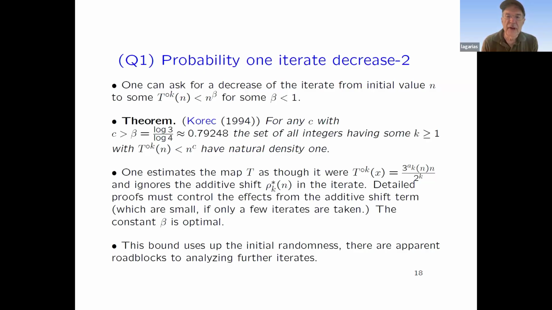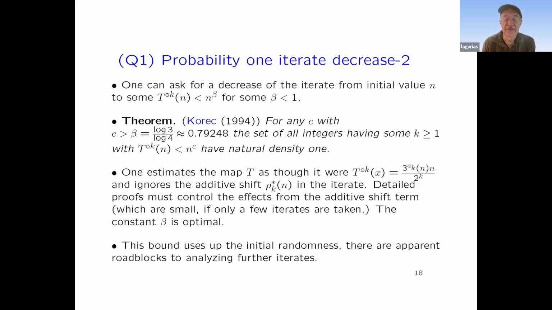So you can push all the way down to 50%. The numbers with 50% evens, 50% odds will decrease at this rate, the square root of 3/4, and you can do it for the first k steps. And you will drive x down to x to a constant, and that constant is 0.79248.